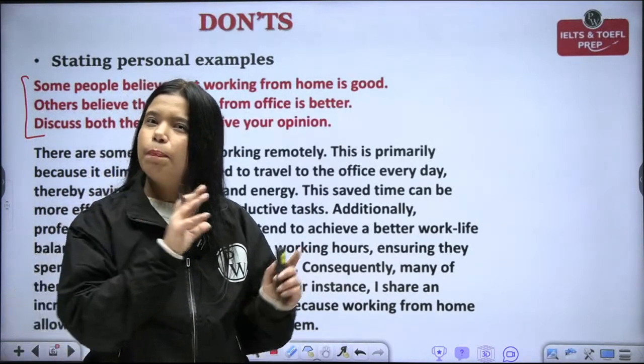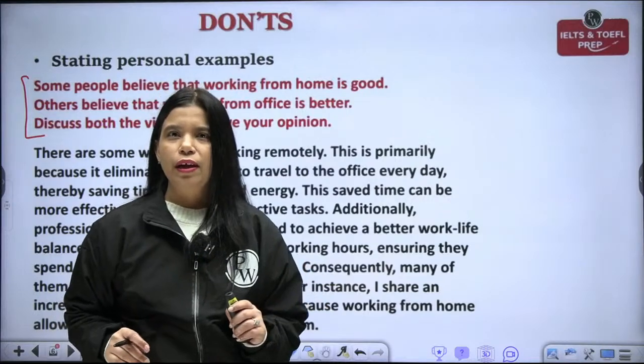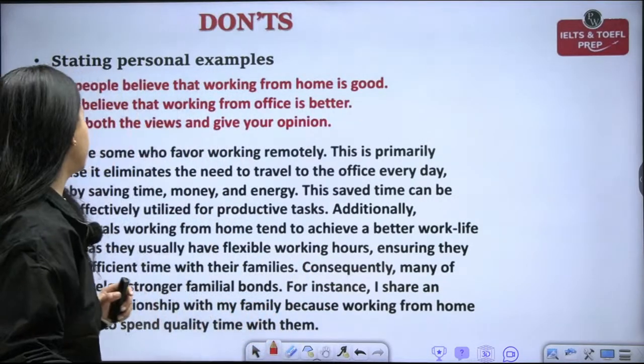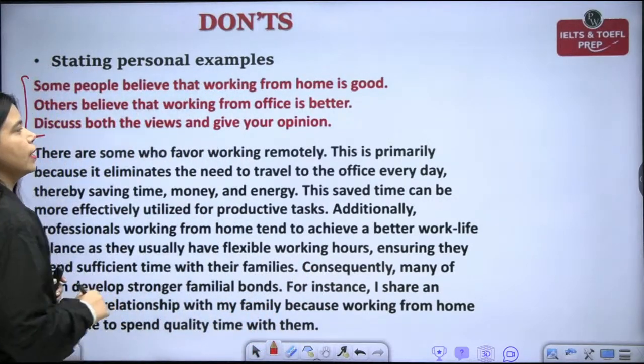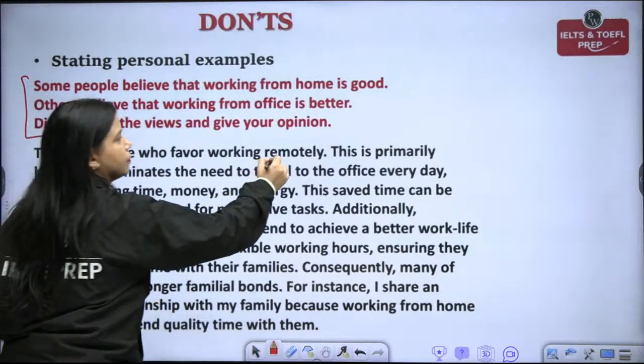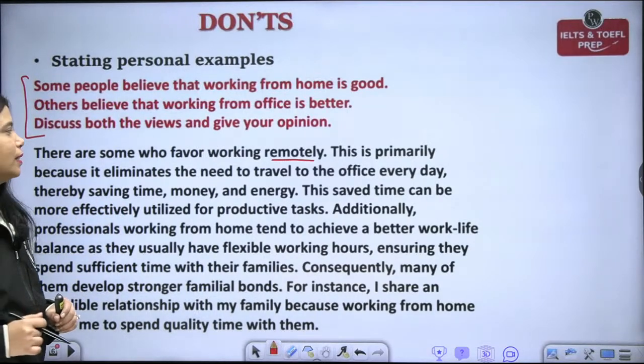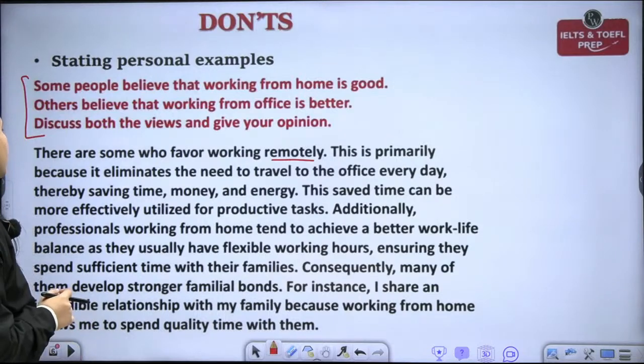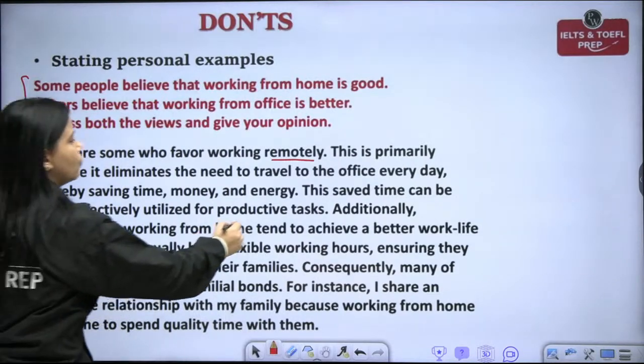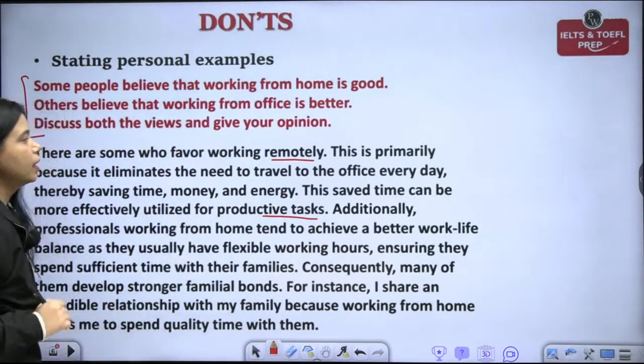And now let's read a body paragraph that I have written for you here. I'm saying there are some who favor working remotely. That means not going to office, working from home. This is primarily because it eliminates the need to travel to the office every day, thereby saving time, money, and energy. The saved time can be more effectively utilized for productive tasks.